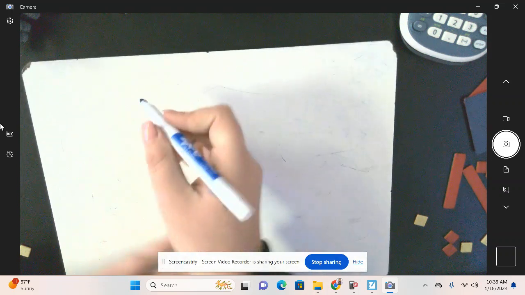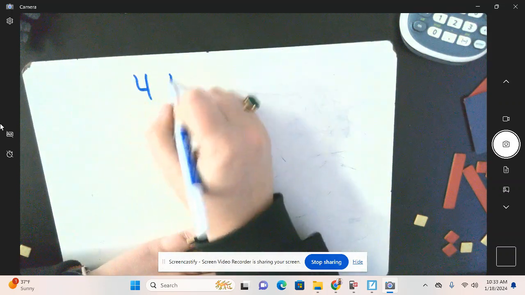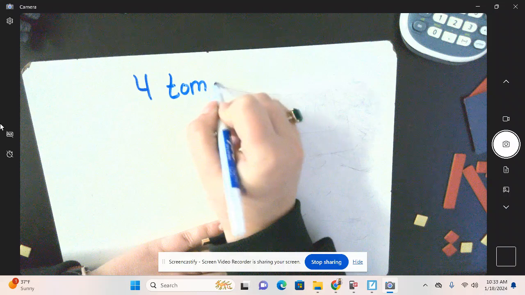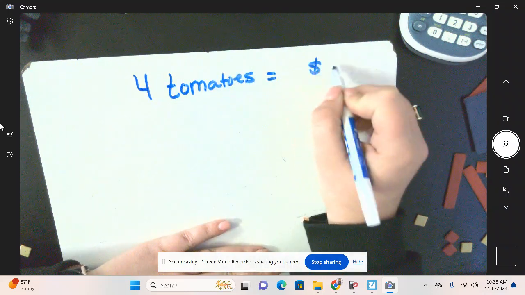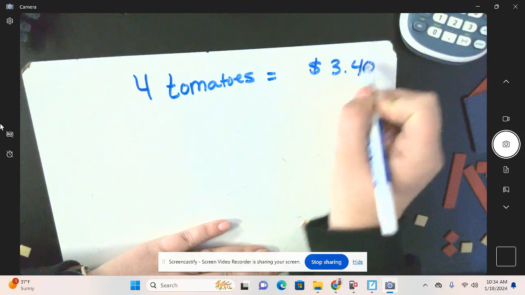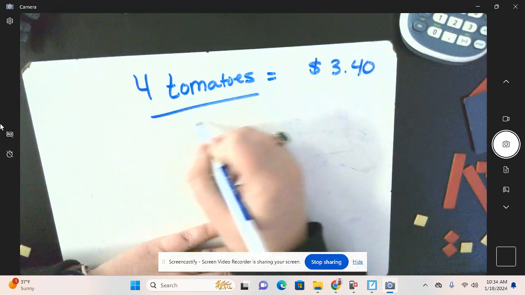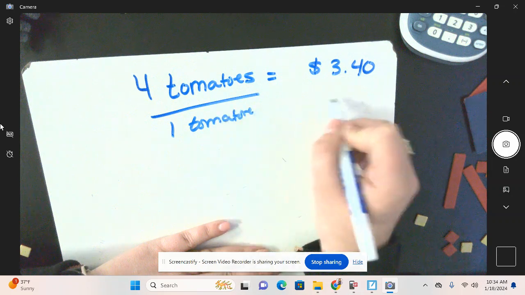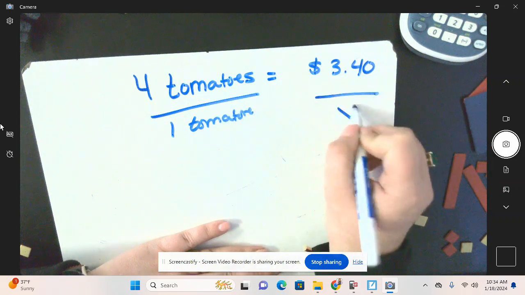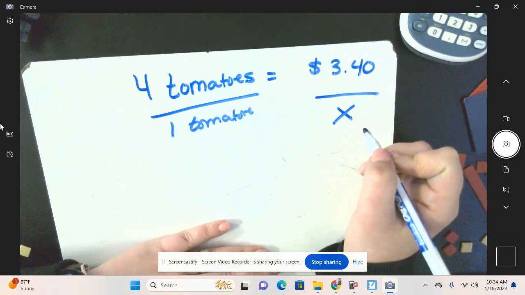So we know that 4 tomatoes cost $3.40. We want to know how much 1 tomato is going to cost. Okay, and it's kind of set up like a ratio box.